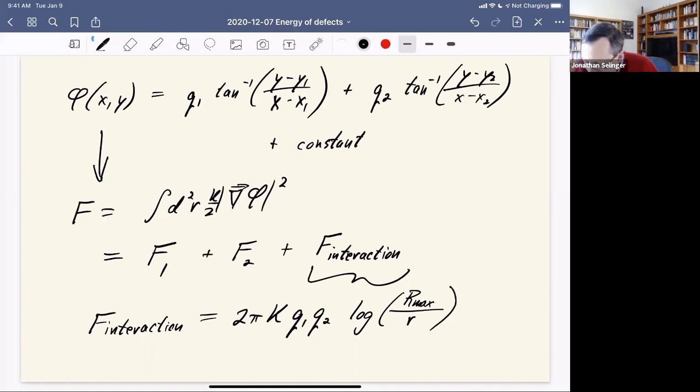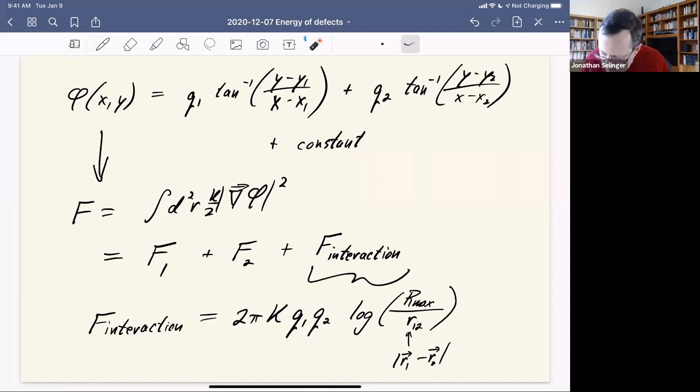What shall I call that? How about R12? That is the distance between position 1 and position 2. So this is an interaction which depends on the product of the topological charges, Q1 times Q2. In that sense, it might remind you of Coulomb's law.